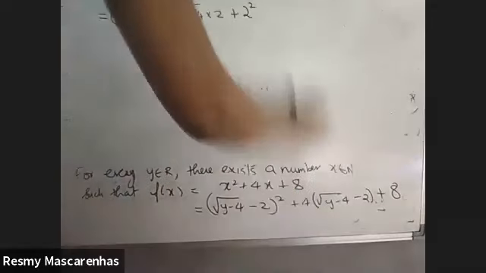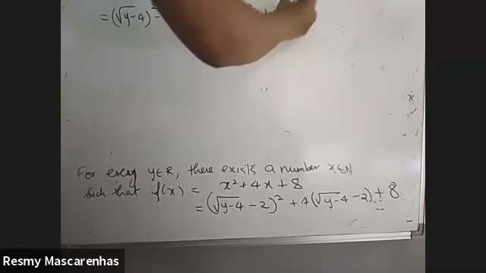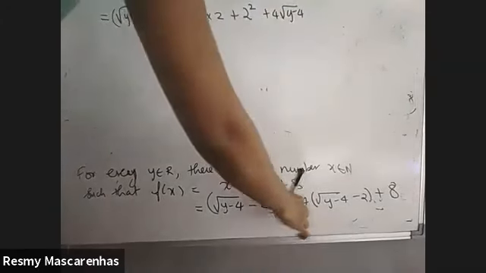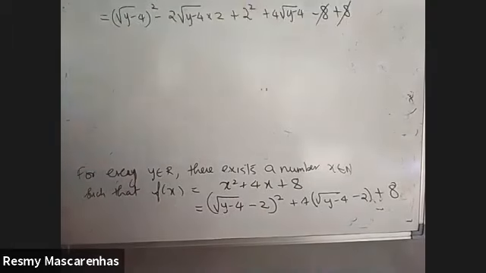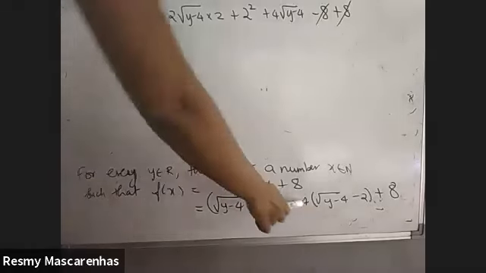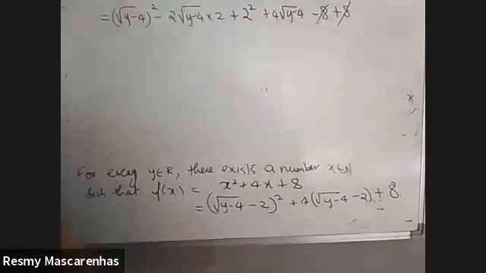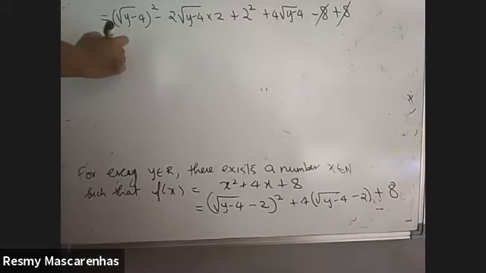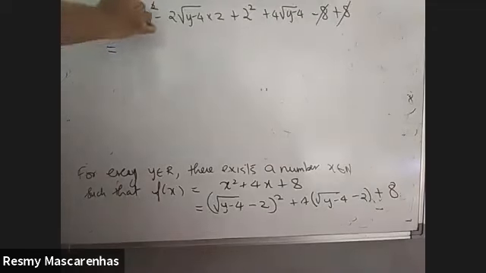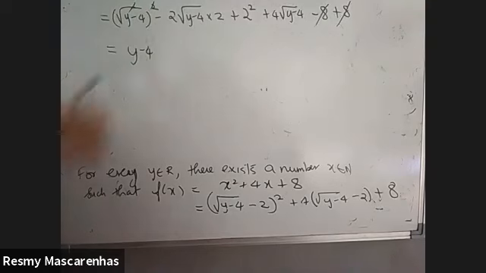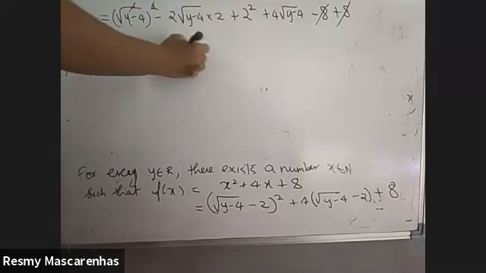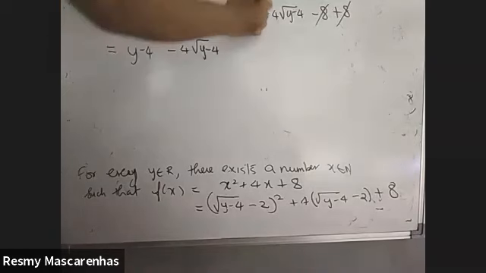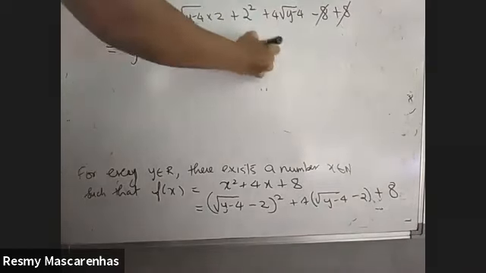Then 4 will get multiplied here, minus 4. Okay, 4 into minus 2 will give you minus 8. Square and root will cancel, y minus 4. Then 2 into 2 will give you 4 times, this 2 square will be 4.